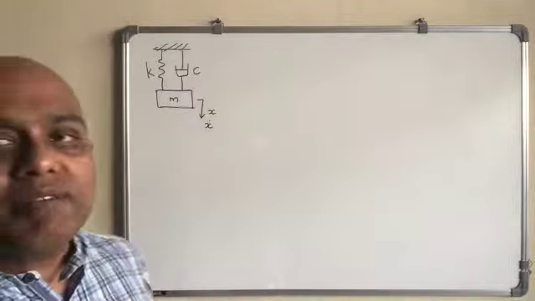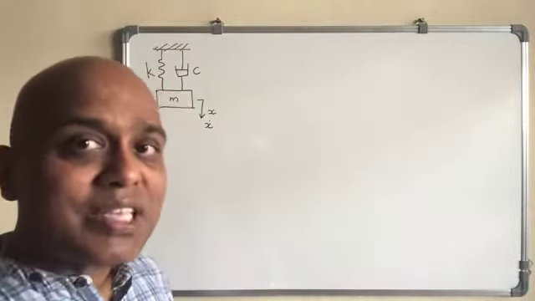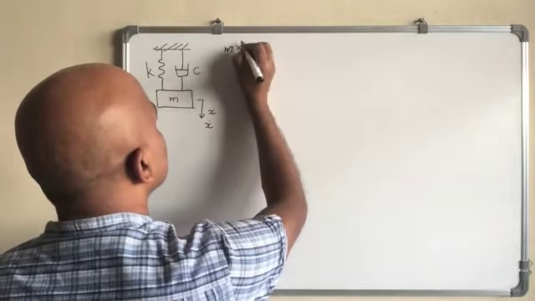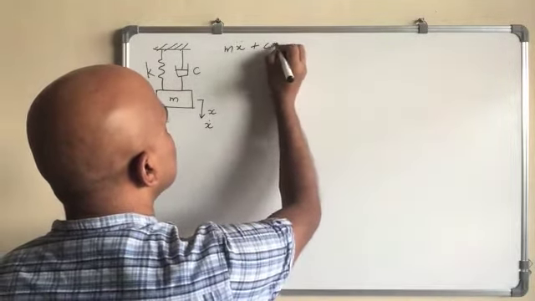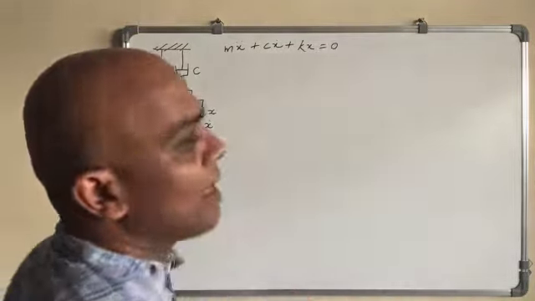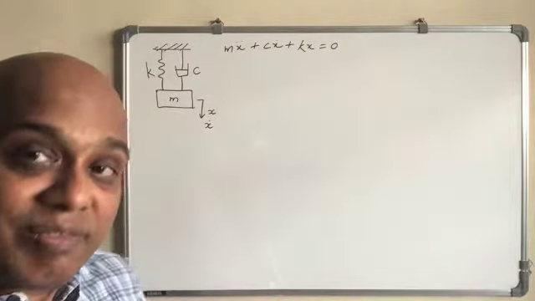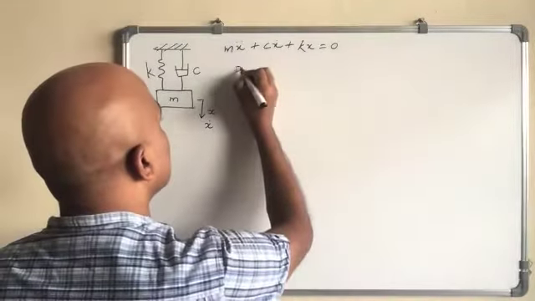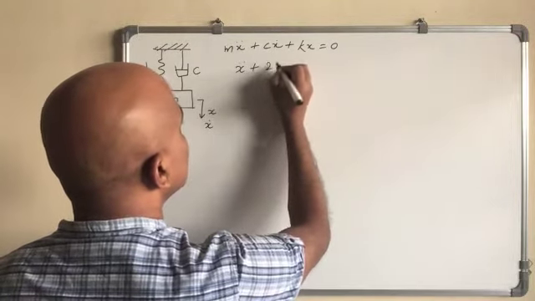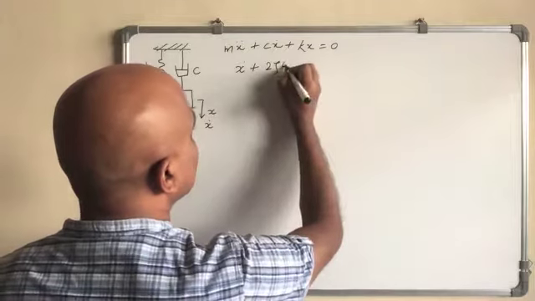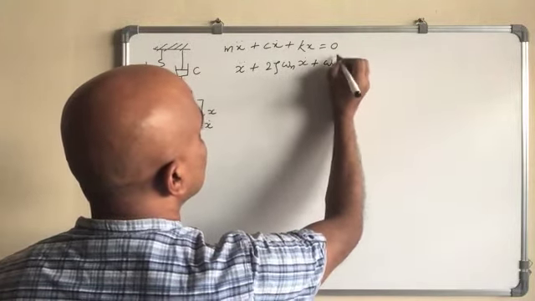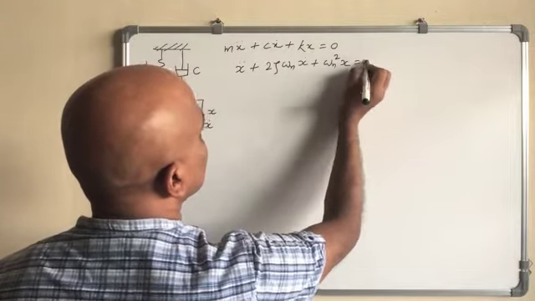So for this one, we know that the equation is m x double dot plus c x dot plus k x equal to 0. And we simplified this further and represented this as x double dot plus 2 zeta omega n x dot plus omega n square x equal to 0.